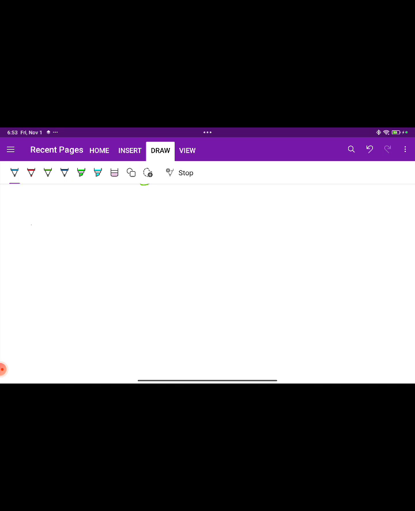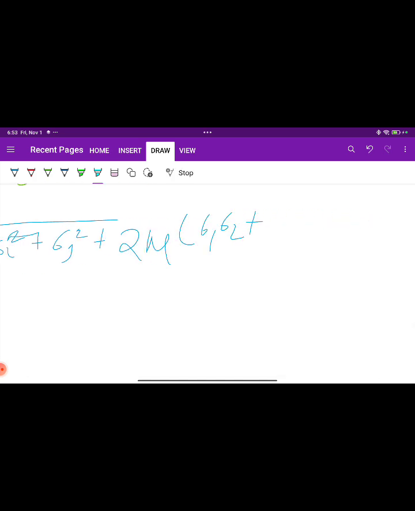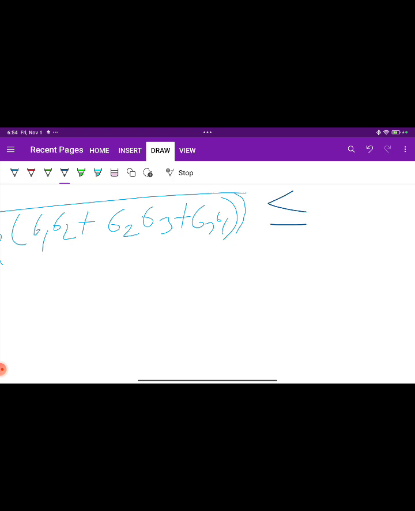For the strain energy theory of failure, for the safer design: sigma 1 square plus sigma 2 square plus sigma 3 square, minus 2 mu times sigma 1 sigma 2 plus sigma 2 sigma 3 plus sigma 3 sigma 1, and its unit is the same, and this term is less than or equal to stress at failure upon factor of safety. For the safer design, this is the condition.